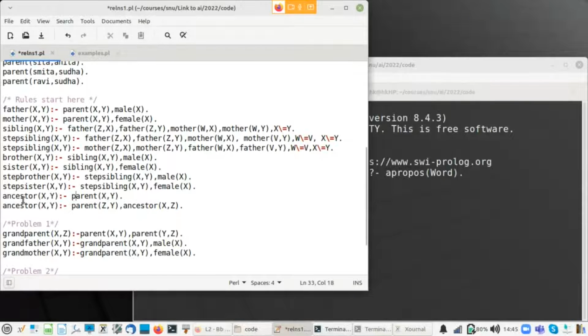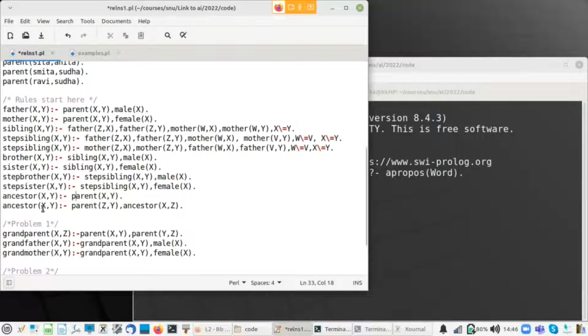Now ancestor. Notice how ancestor is defined. X is an ancestor of Y if X is a parent of Y. So your parents are clearly your ancestors. But ancestor is a sort of transitive relation.